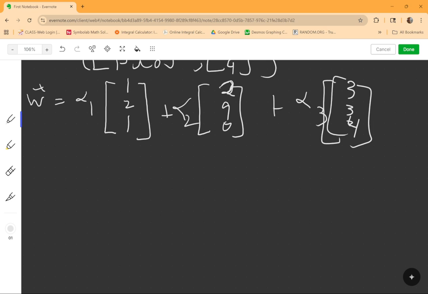Now let's say that I had an orthonormal basis. And again, any basis or any set of vectors can be made orthonormal, where they're orthogonal to each other and of length 1, by the Gram-Schmidt process. So just given any basis, I can do this Gram-Schmidt process and have an orthonormal basis.